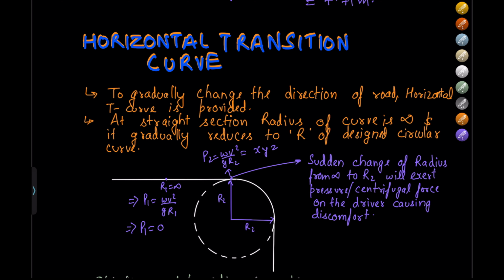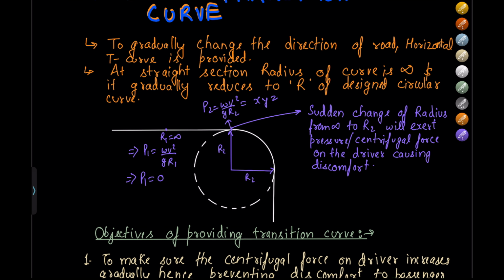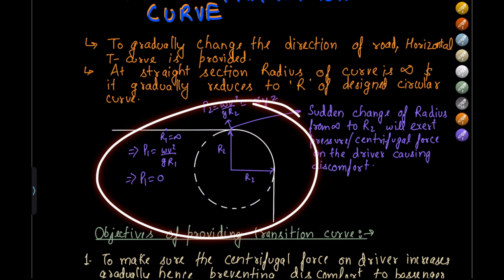That will be suddenly introduced to the vehicle, and that will cause discomfort to the passenger. In case of a straight section, the movement of the vehicle is also exerting centrifugal force, but due to the radius being infinitesimally large, the centrifugal force comes out to be nearly zero. So this is the reason we need to provide a transition curve.